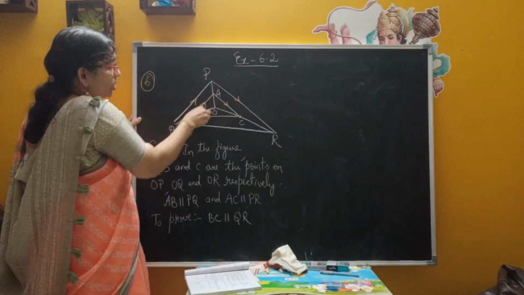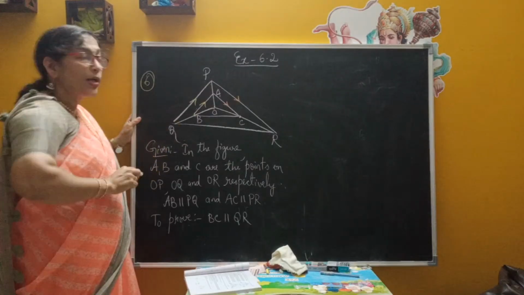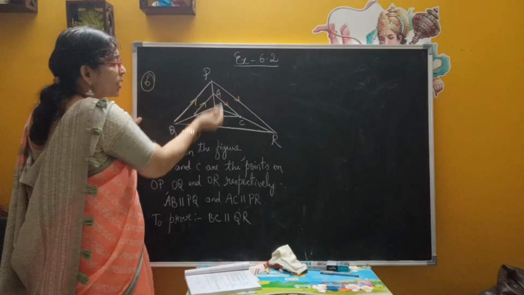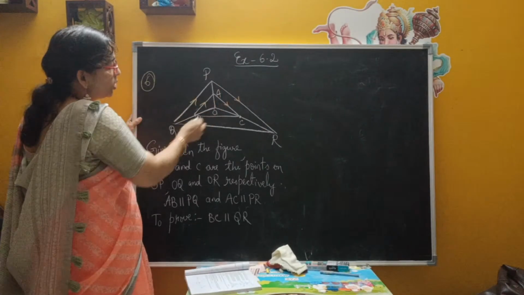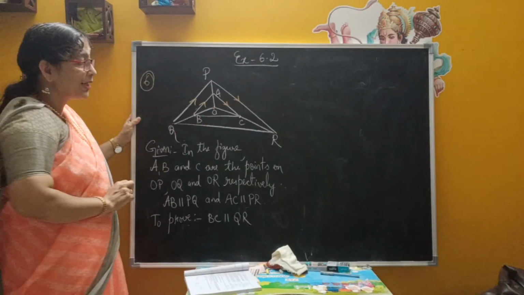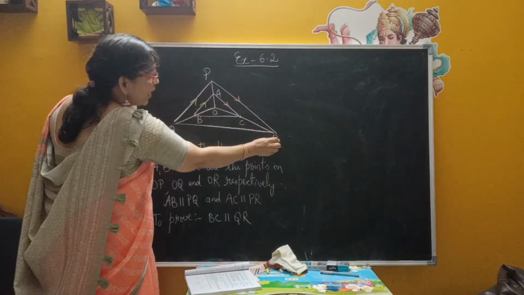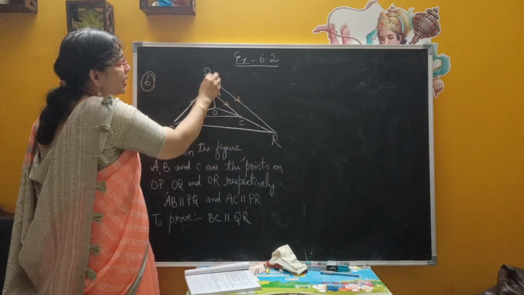Now in POQ, AB is parallel to PQ, then the ratio OA by AP is equal to OB by BQ. In the next triangle, OC by CR is equal to OA by AP.